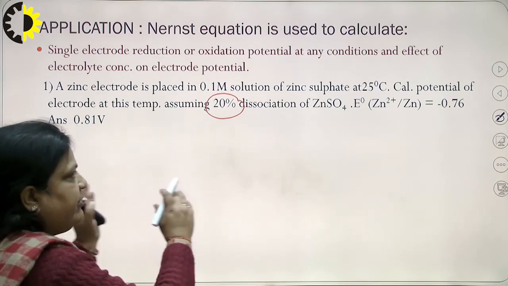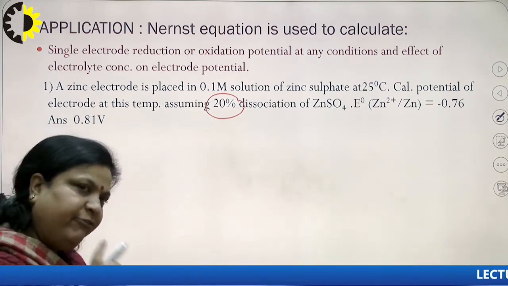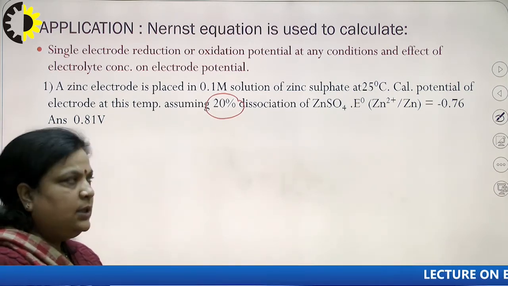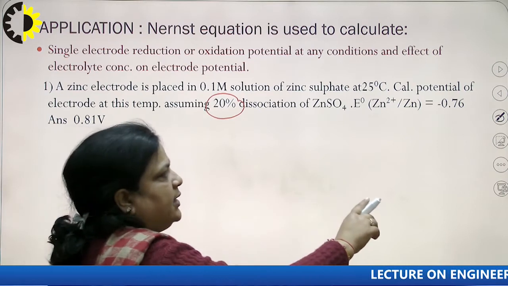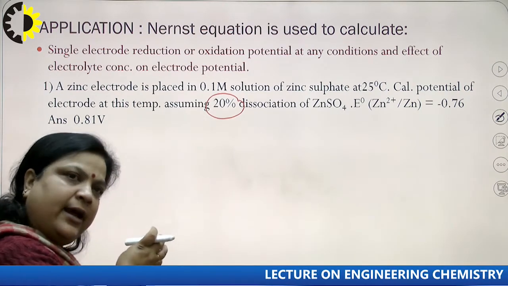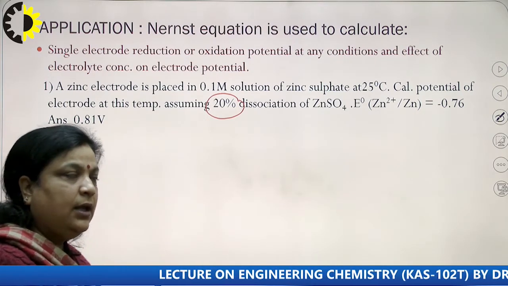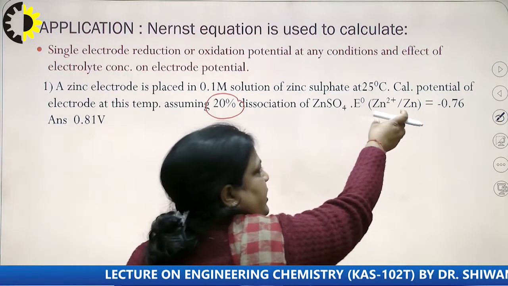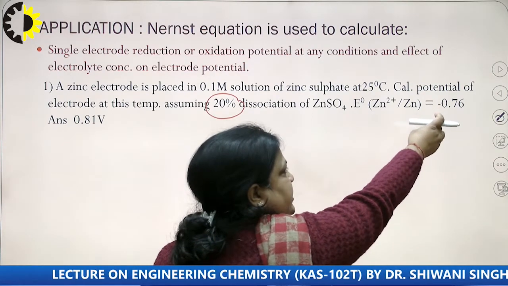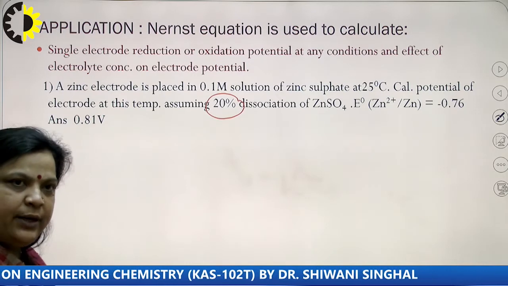This is the half reaction, and since it is a reduction potential, if we write the reduction reaction we take the reduction potential at standard condition and calculate E reduction. If we write the oxidation reaction, then instead of this reduction potential we put the oxidation potential, which is plus 0.76, and we calculate the oxidation potential.